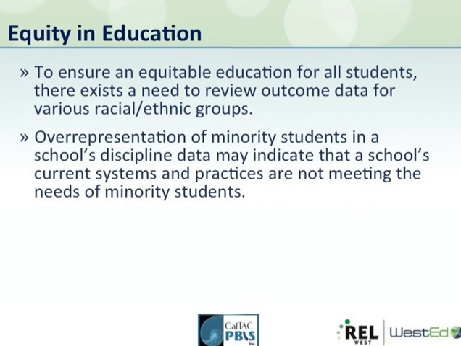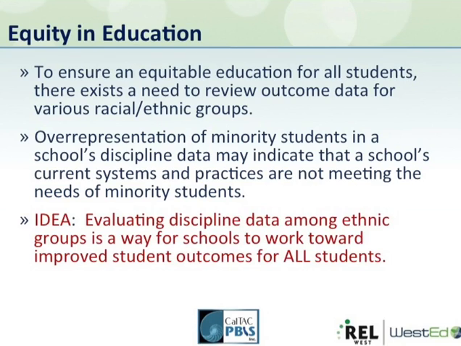So really, to ensure an equitable education for all of our students, there exists a need for us to review the outcome data of the various racial and ethnic groups. Overrepresentation of minority students in a school's discipline data really may indicate that a school's current systems and practices are not meeting the needs of their minority groups. So the main idea here is that evaluating discipline data among ethnic groups is a way for schools to work towards improved student outcomes for all students.